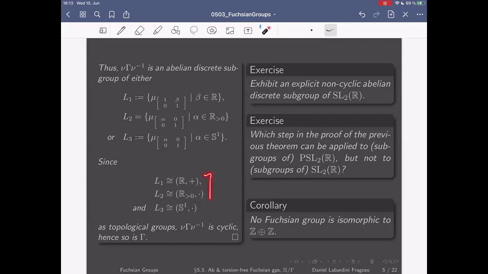In the first two cases, infinite cyclic, and here finite. So much about that.